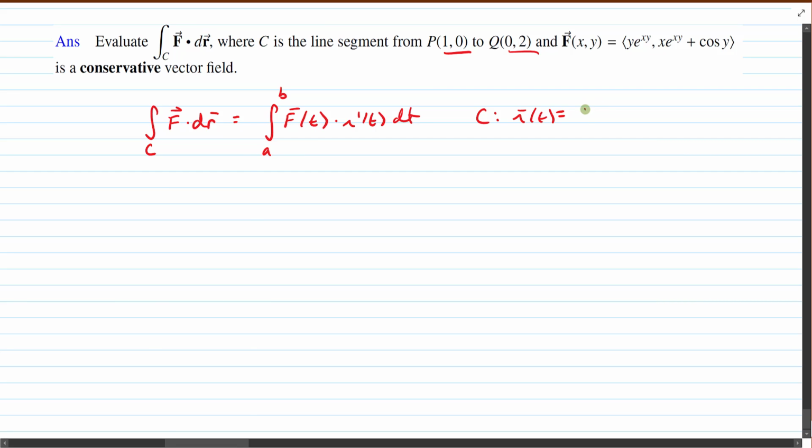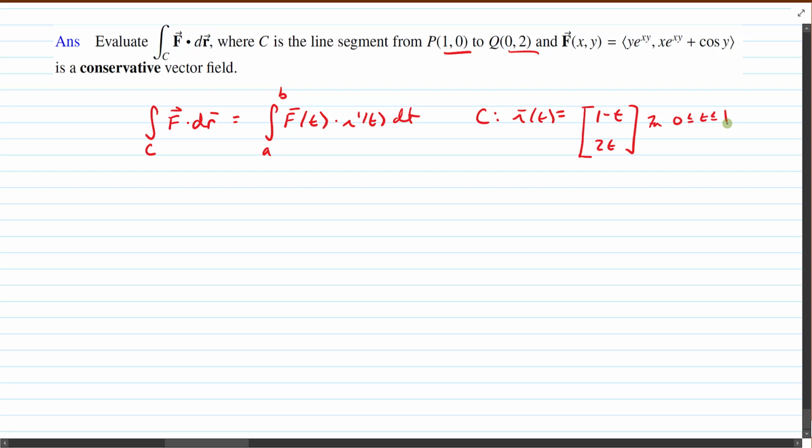So I think parameterizing this with respect to time, we should have 1 minus t and 2t. And this will hold for 0 less than or equal to t less than or equal to 1.